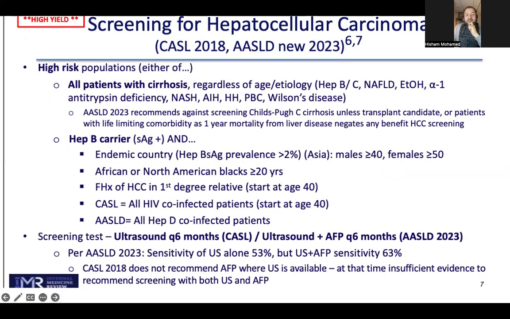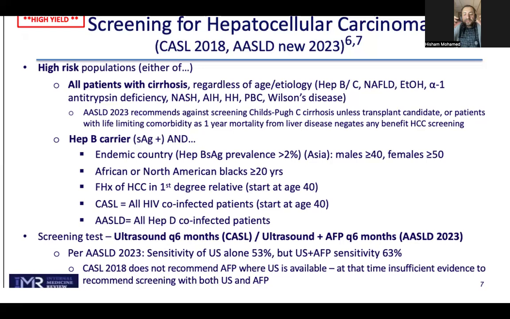For HCC, hepatocellular carcinoma, you look here at the Canadian guidelines. All patients with cirrhosis, regardless of age and etiology. But there is some exception for cirrhosis. Child C cirrhosis, because it's advanced cirrhosis, so there is no benefit, maybe it's the same mortality, I feel that.